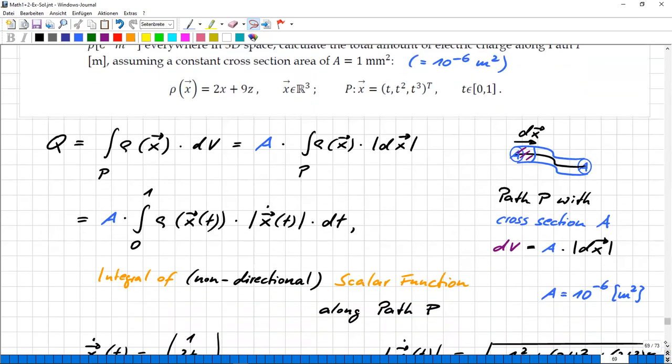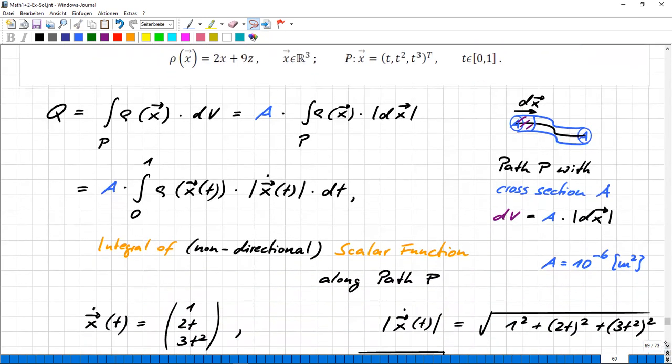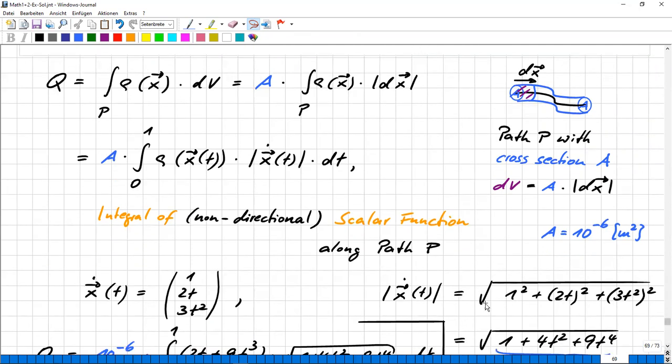The integral of a non-directional scalar function along a path p, this is what we are calculating. Note that we have to take the x vector dot of t, which means differentiating all the components for t. T differentiated gets 1, t squared gets 2t, t cubed gets 3 times t squared, that's all. And then we take the absolute value because the direction is not of any interest here. As always, using Euclidean metrics, right?